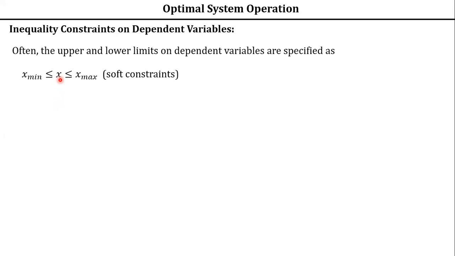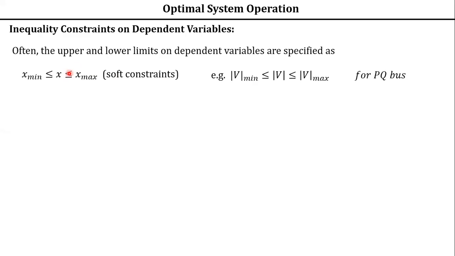Let us take x greater than or equal to x minimum and less than or equal to x max. Usually if it is within the limits, we call it a soft constraint. We are going to consider this one as a soft constraint: x is greater than or equal to x minimum and less than or equal to x max. I will talk about this soft constraint within a few minutes.